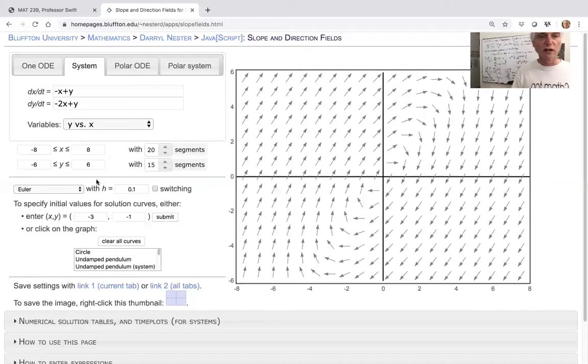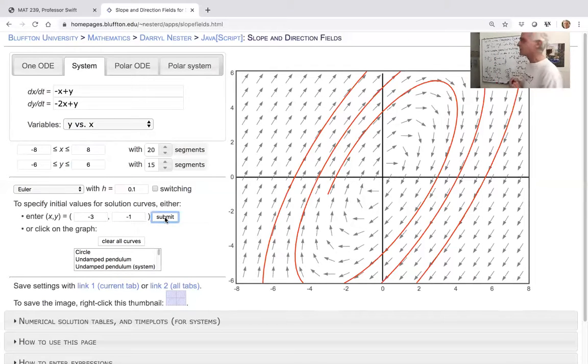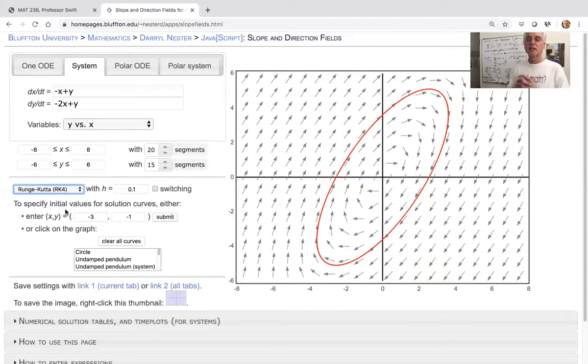We're going to still start at that point, (-3, -1). Oops, I expected an ellipse, but it didn't get one. It spiraled out. Hopefully we've done this enough that you remember that's because Euler's method is lame. If we do Runge-Kutta 4, we indeed get the accuracy here that we're on an ellipse.